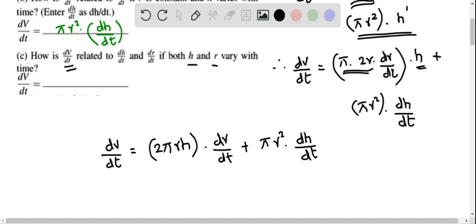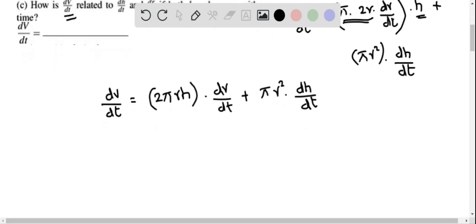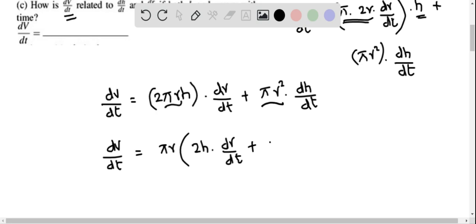And so this is dv by dt. In fact, we can write this in a simplified form, that is dv by dt, and this equals, we can factor out pi r from both terms. So I'm going to factor pi r, and when I do that, I'll be left with 2h times dr over dt, plus here I factor the pi r, so I will have r times dh over dt.